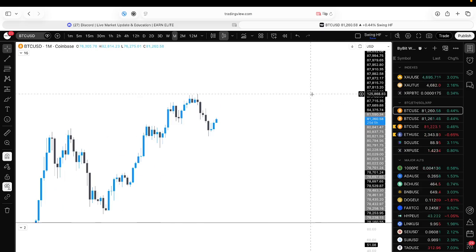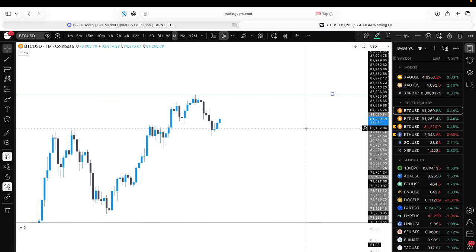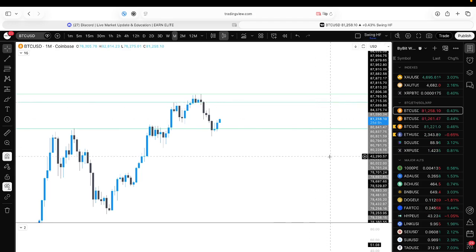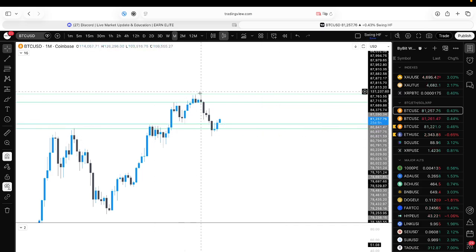Look at the levels where the price had a rejection. For example, here we had a rejection here, and here. These are the daily, the monthly levels.